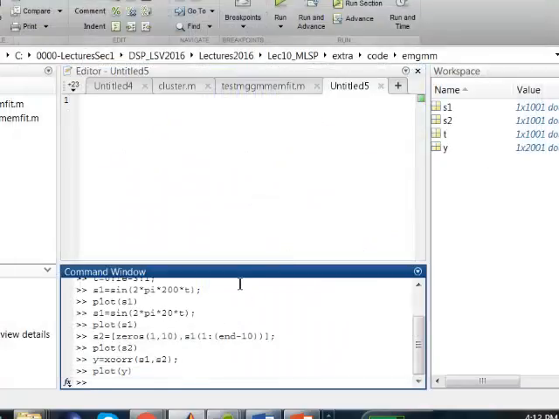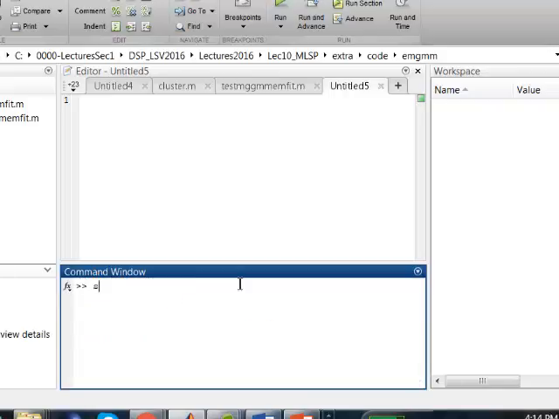Now if you take it as a random signal, for example, let's clear all. Assuming that S1 is a random signal generated from random Gaussian noise, for 200 samples, and S2 to be a 40 samples delayed version of S1.